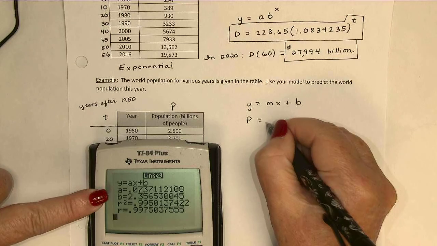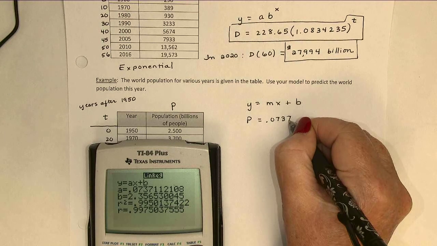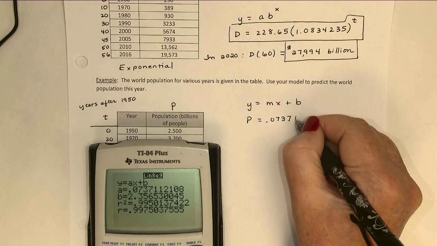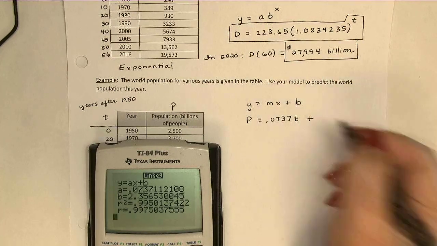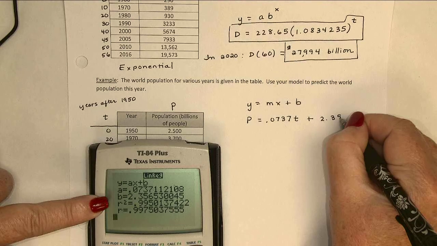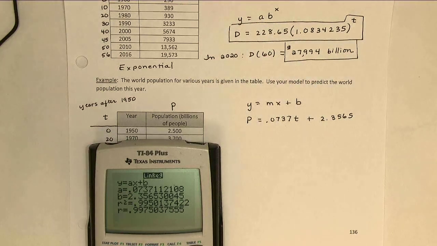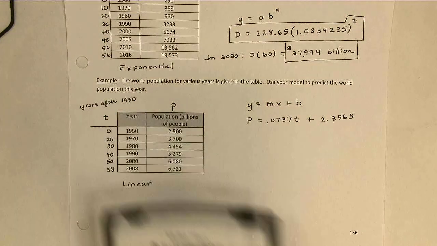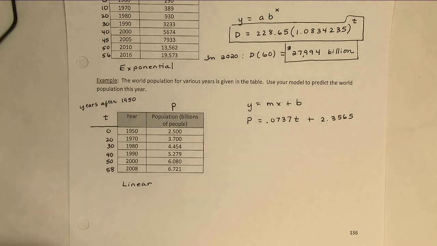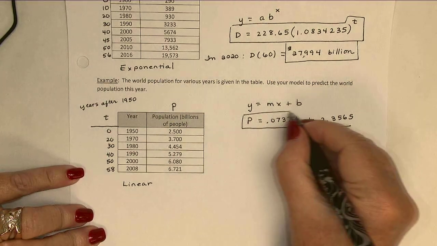So 0.0737 times x, which is the t value, plus b, 2.3565. I keep 4 decimal places here. Again, a really good R squared, almost 1, so excellent correlation coefficient. So there's our model.